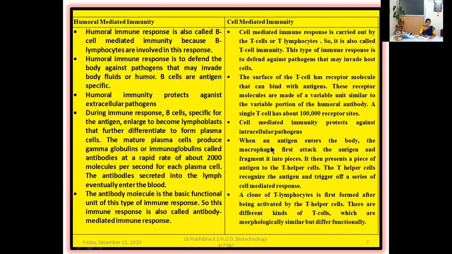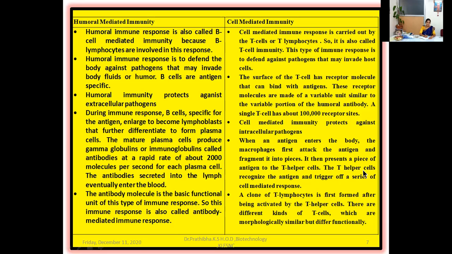Okay, when an antigen enters the body, the macrophages, which can also be known as APC, APC stands for antigen presenting cells, first attack the antigen and fragment it into pieces. It then presents a piece of antigen to the T helper cells.